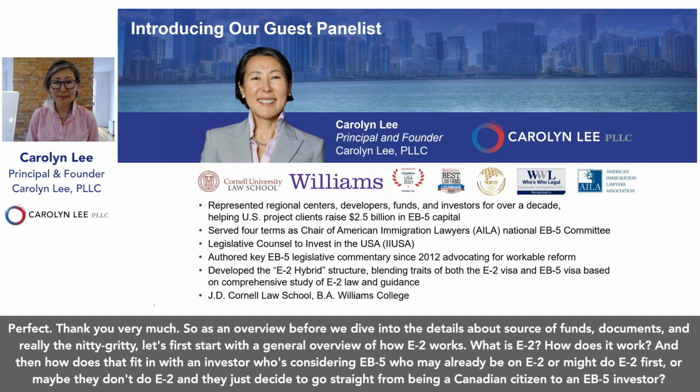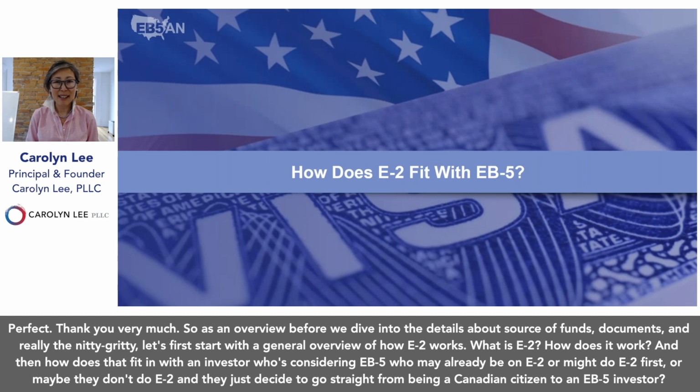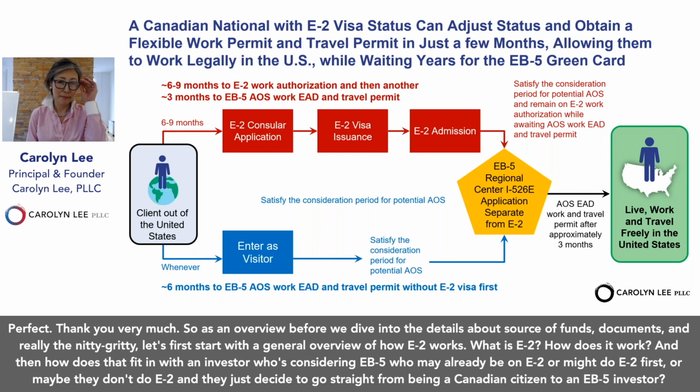Perfect. Thank you very much. As an overview, before we dive into the details about source of funds, documents, and the nitty-gritty, let's first start with a general overview of how E2 works. What is E2? How does it work?